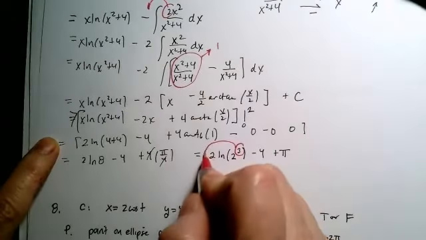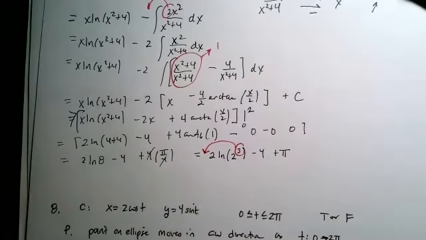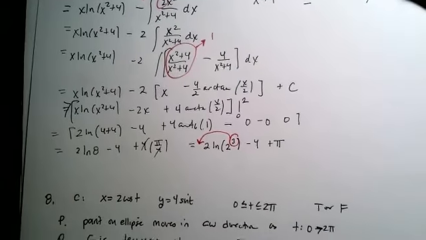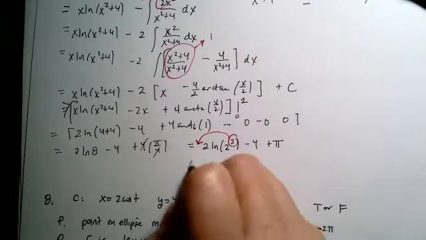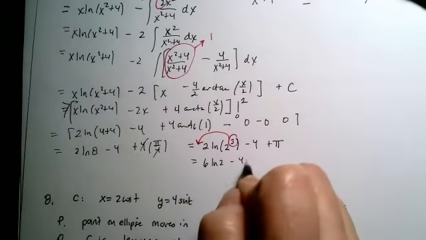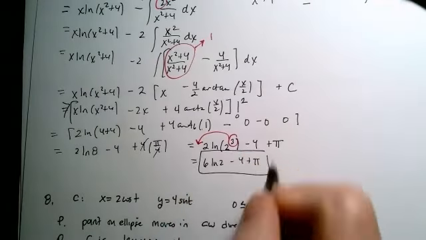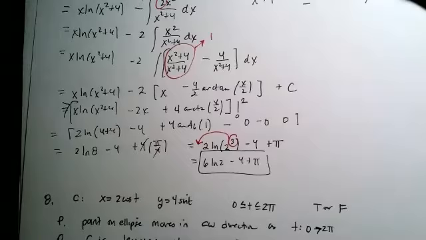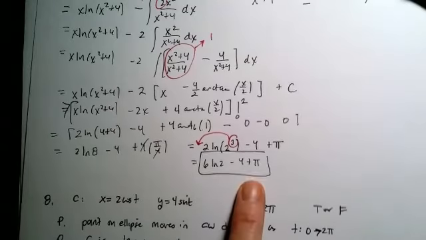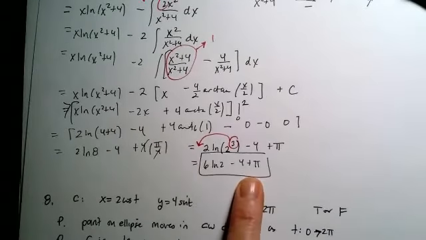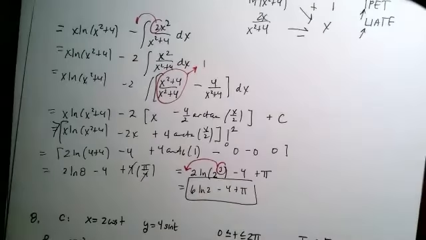I can pull it out and put it in front of the 2, right? So then this will be 6 times the log of 2 minus 4 plus pi. And that should be your answer, unless I made a subtraction error somewhere.